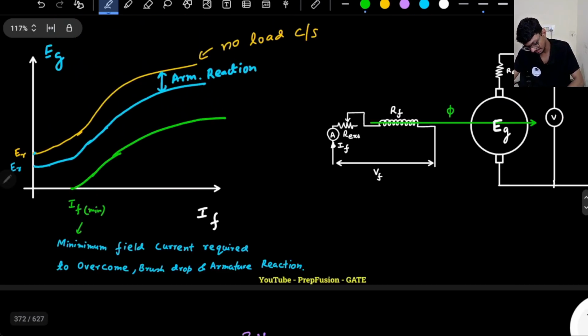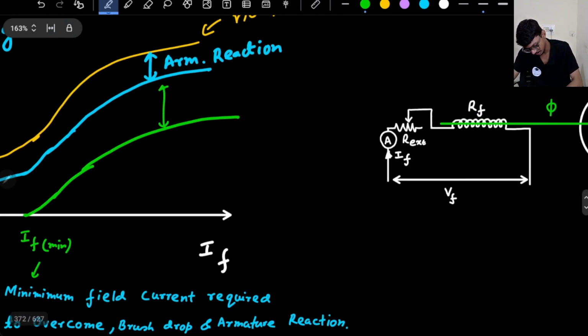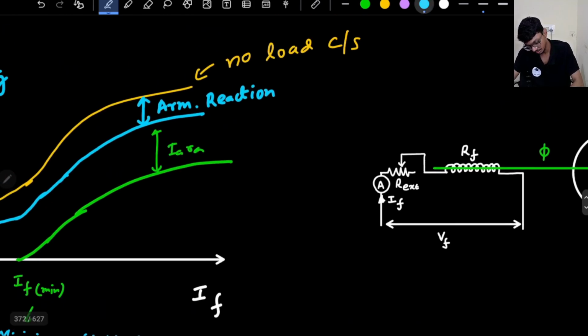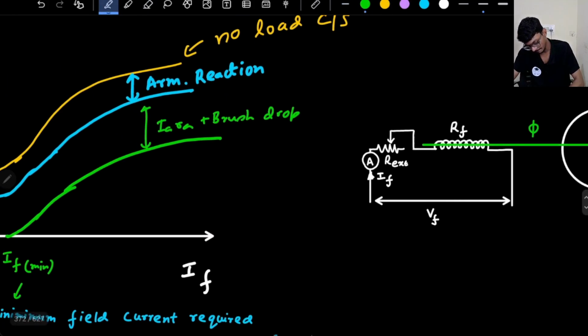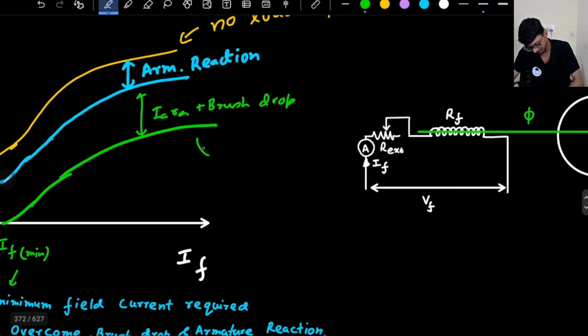And this is including the IaRa drop, right? This is armature reaction only, IaRa plus the brush drop. Okay, so this is actually the internal characteristics.